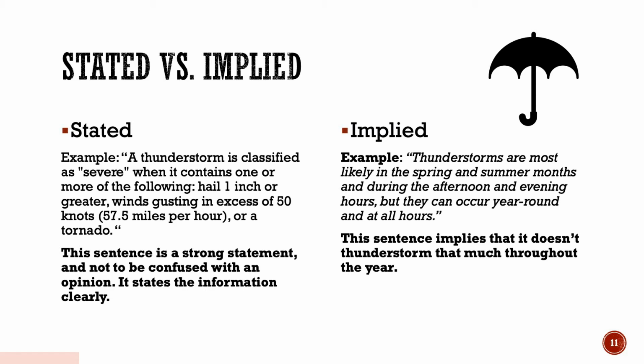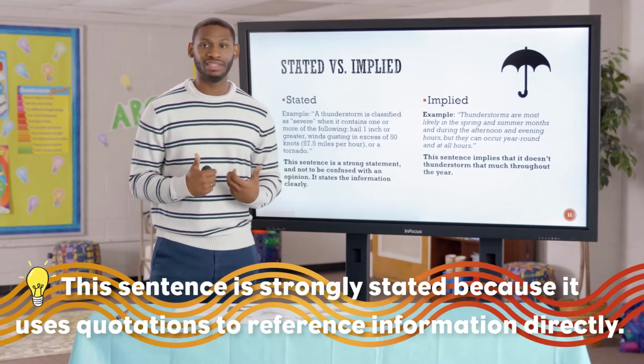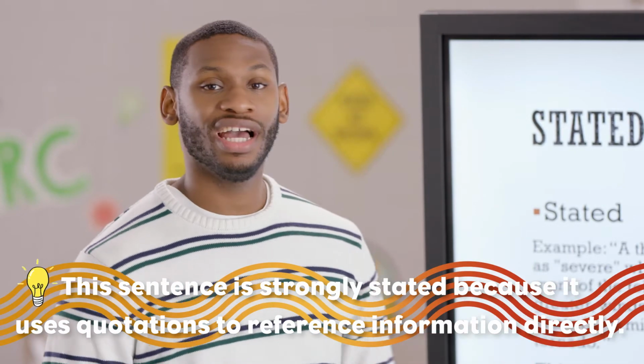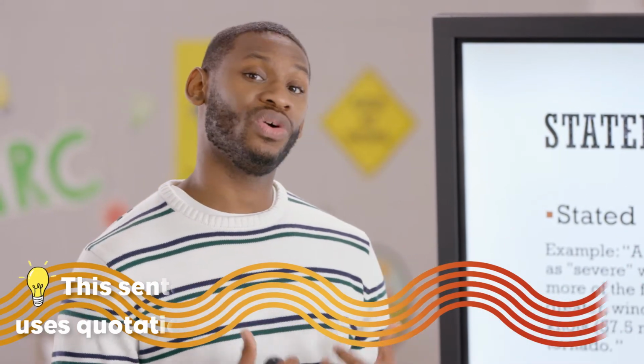"A thunderstorm is classified as severe when it contains one or more of the following: hail, 1 inch or greater, winds gusting in excess of 50 knots, which is 57.5 miles per hour, or a tornado." Now, this sentence is a strong statement. Of course, as I mentioned, it has quotations, which means it is a direct stated quote, all right?